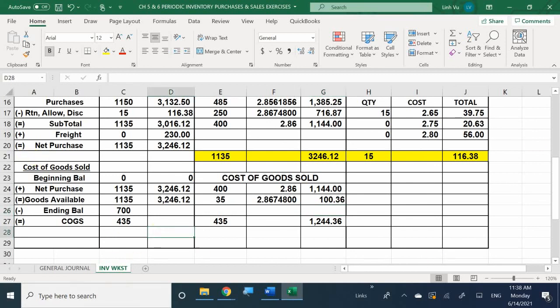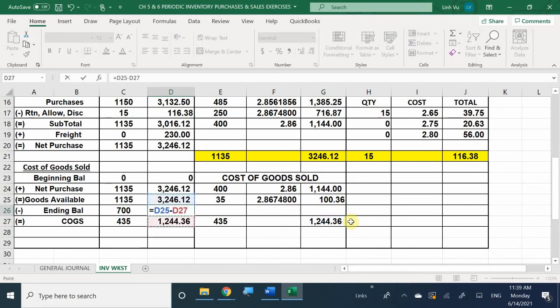So in this case, if that's how much I sold, what is my total ending inventory? That would be 2001.7. Good. 2001 and 76 cents.